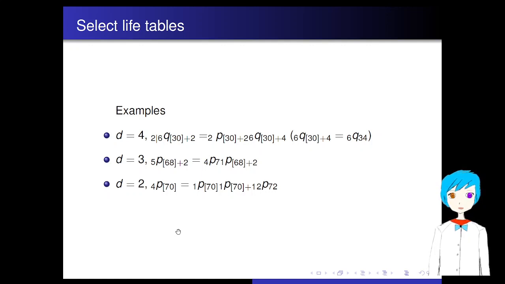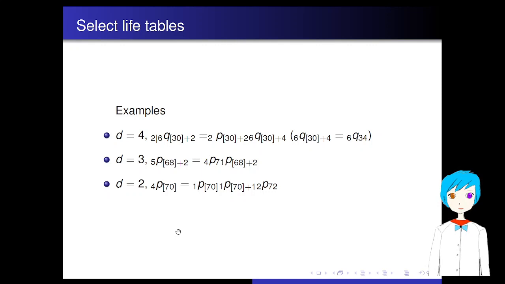Because the selection happens at age 30 and the selection period is 4 years, we have 6q_[30]+4 equals 6q_34.